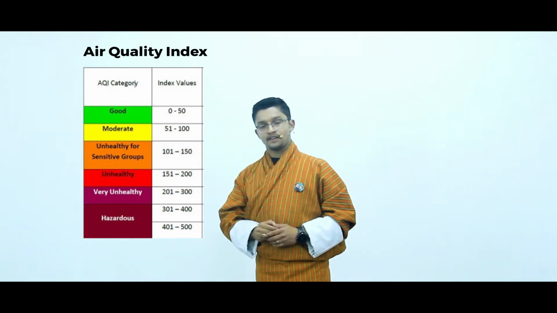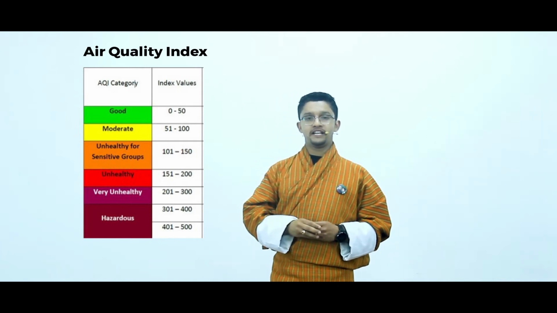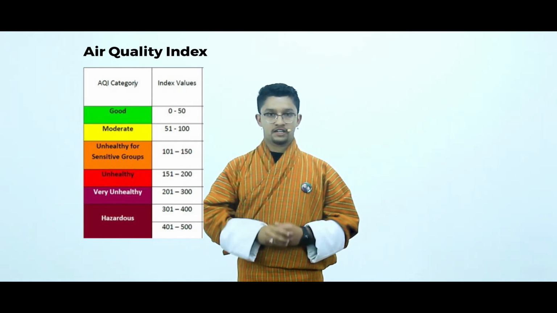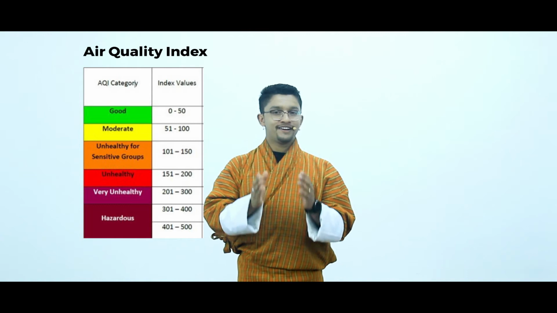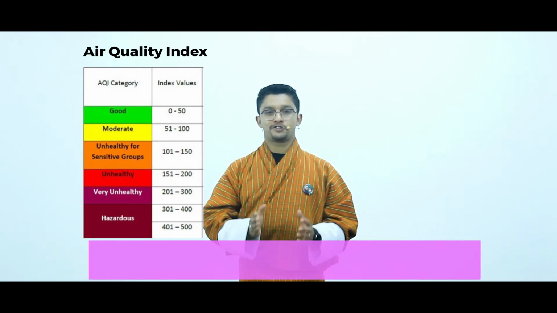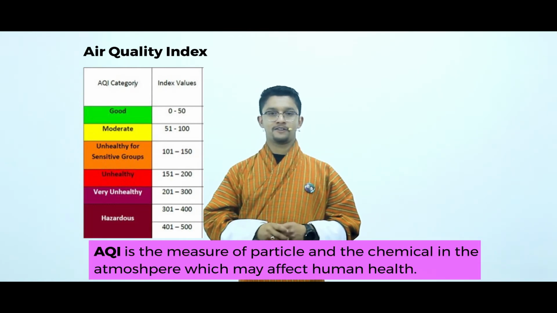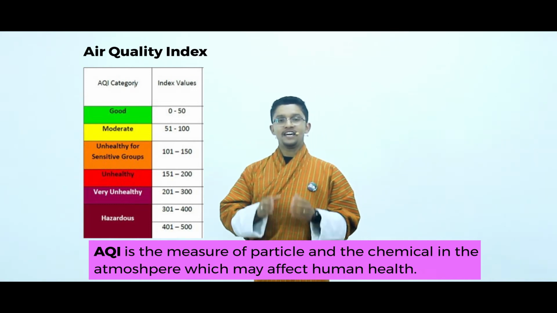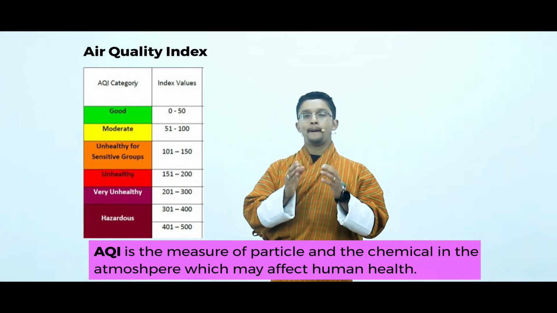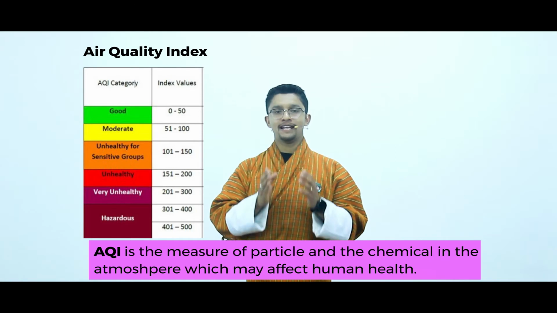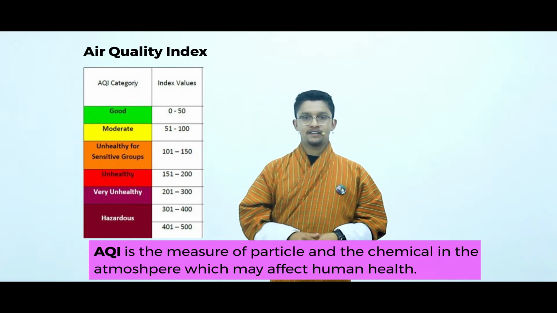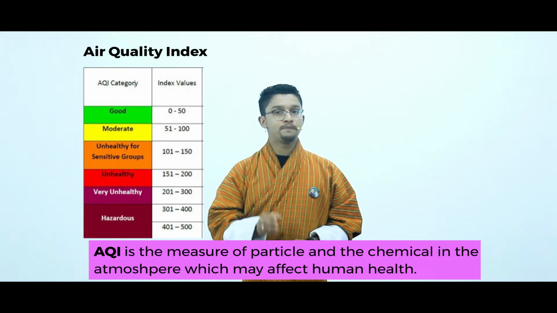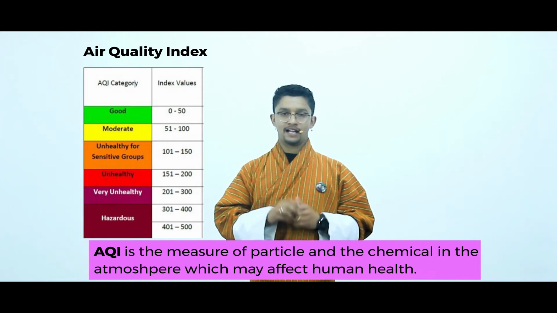This scale tries to check whether the air is good for human health. So AQI is the measure of particles and chemicals in the atmosphere which may affect human health.